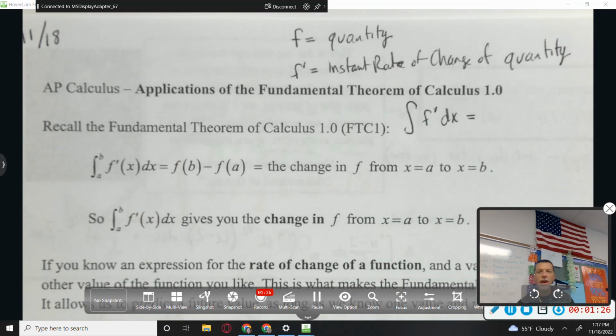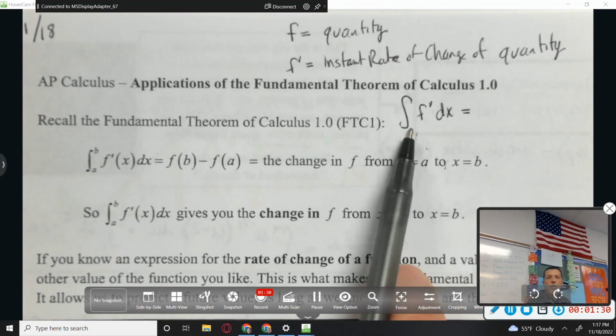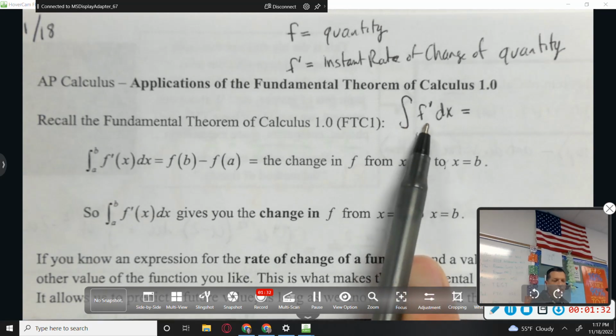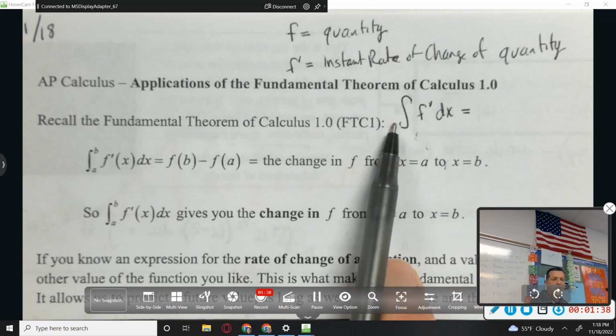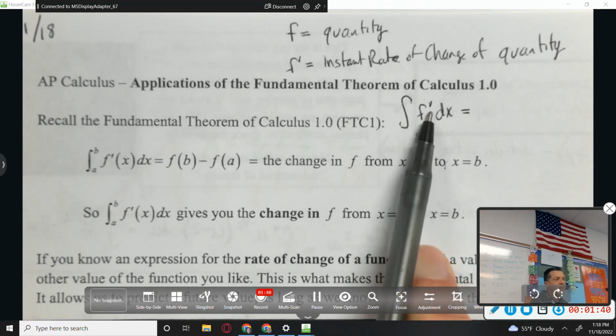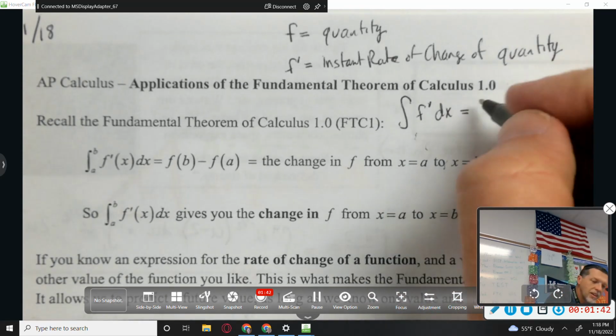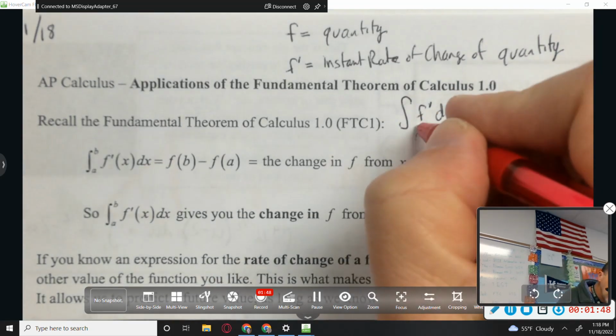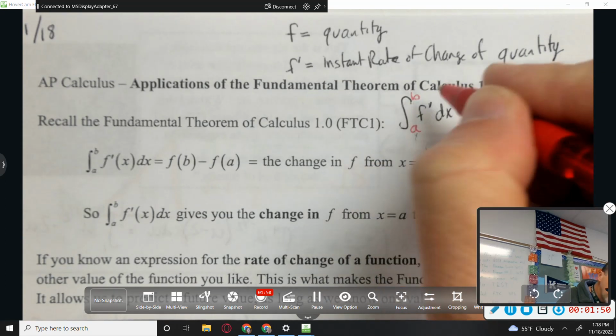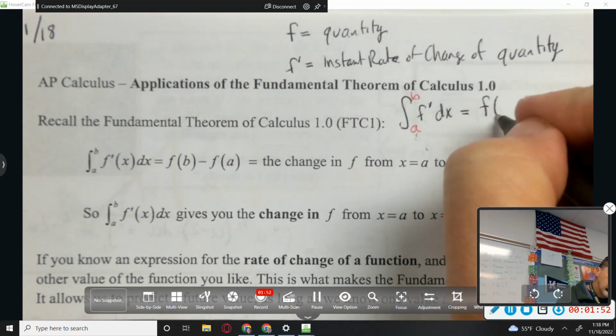The antiderivative. Remember that was on the last test. The antiderivative of the derivative of f, the antiderivative of f prime, is f. Now, on the test, we just had a plus c, but we've since added this a to b stuff.